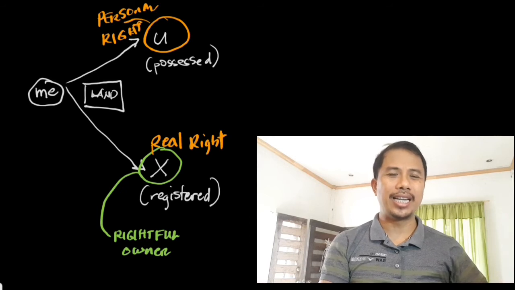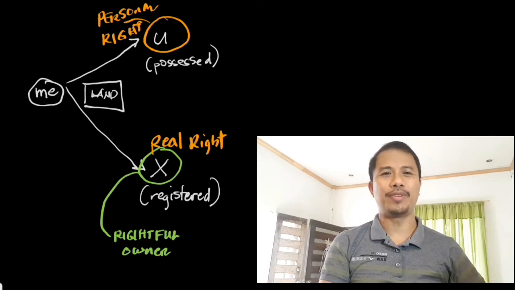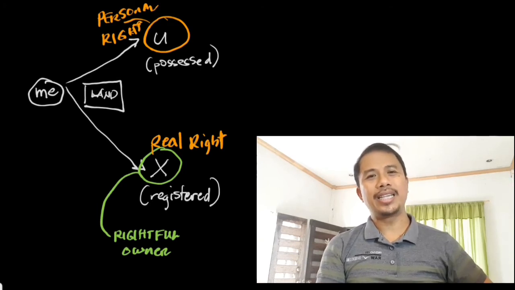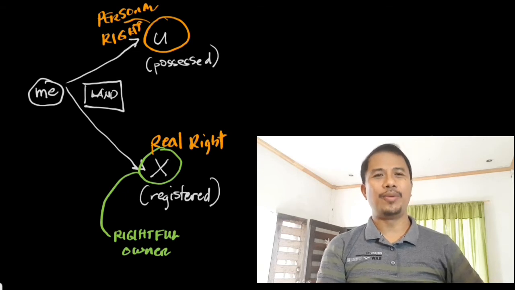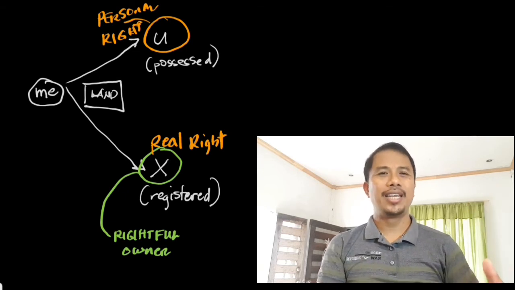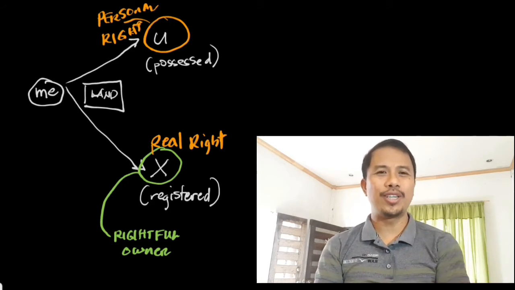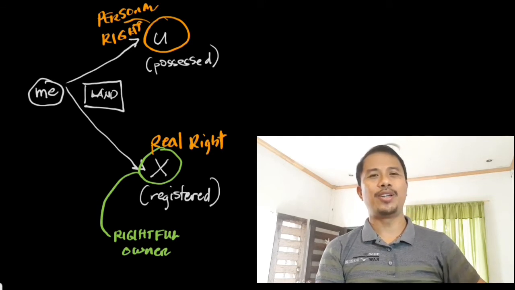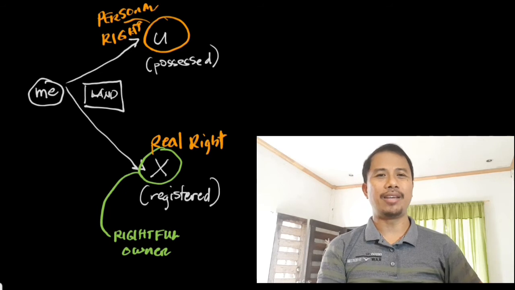X is registering the land and transferring the registration from my name to her name. So what right does X have? It's a real right. What right do you have over the land? It's just a personal right. Who is the rightful owner of the land? It is X, because it's already registered in her name.